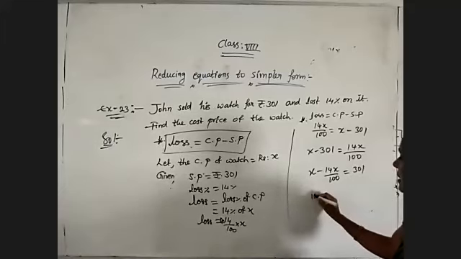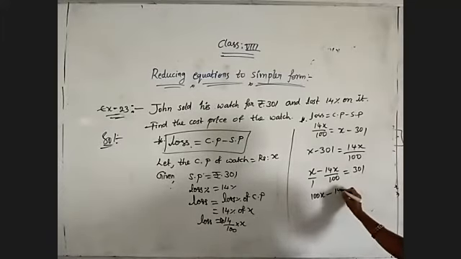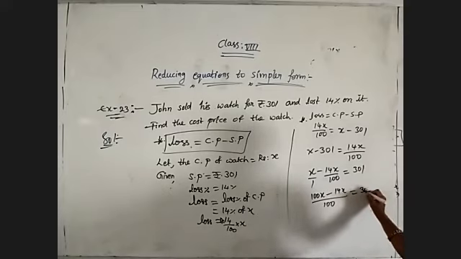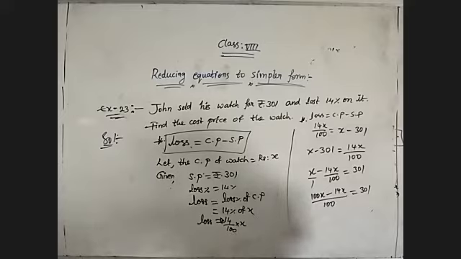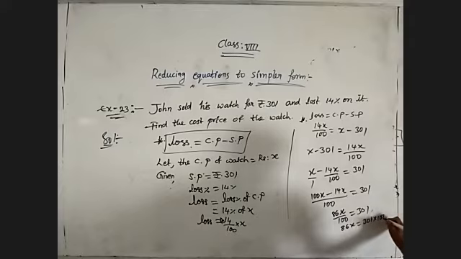Now by cross multiplication, 100x minus 14x by 100 is equal to 301. So 100 minus 14: 100 minus 10 is 90, 90 minus 4 is 86. 86x by 100 is equal to 301. So 86x is equal to 301 into 100.